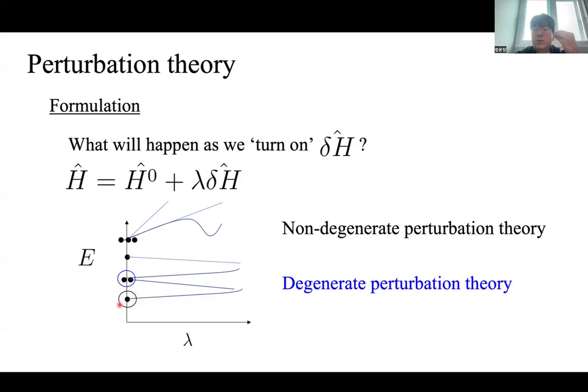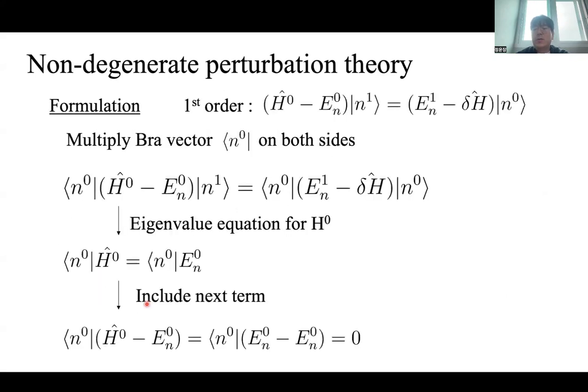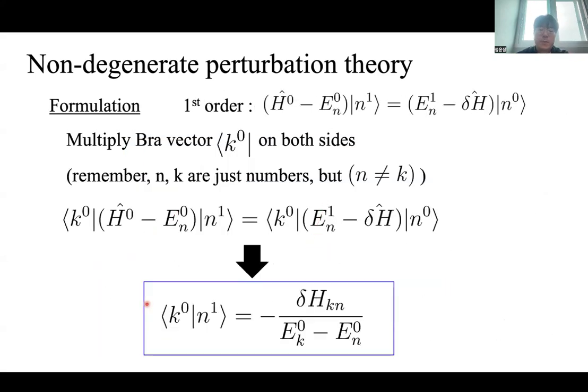So that would give us a pretty accurate approximation. Because remember, for Taylor expansion, if you take the first and second terms, it already gives you a pretty nice approximation to the curve that you're looking at. And similarly, as long as lambda is small, as long as I'm looking at a small correction compared to the initial Hamiltonian, my results should be pretty accurate because I'm considering up to second order.